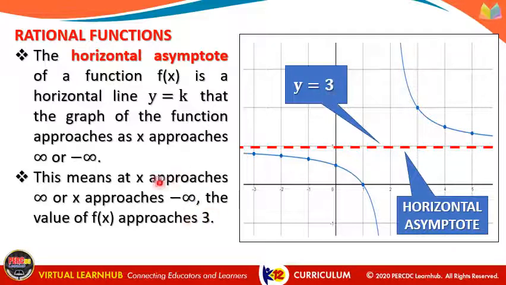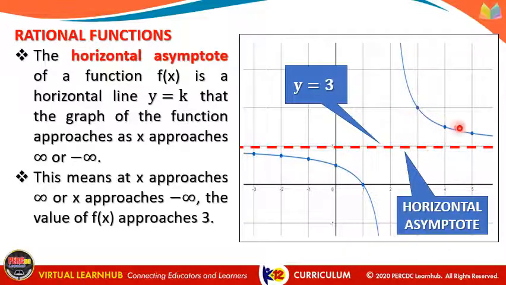So, interpretation ngayon nito, as x approaches infinity or x approaches negative infinity, the value of f of x approaches 3. Ibig sabihin nito, let's say, tinuloy-tuloy mo tong graph, habang yung value ng x mo ay approaching positive infinity, palapit siya ng palapit sa 3.